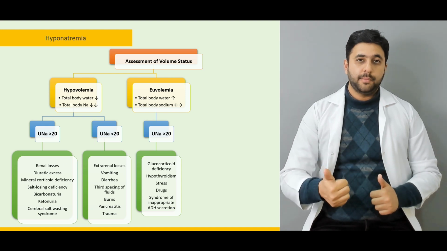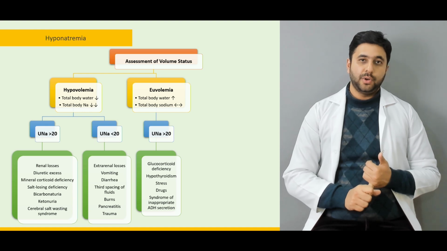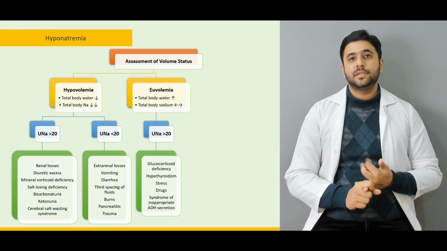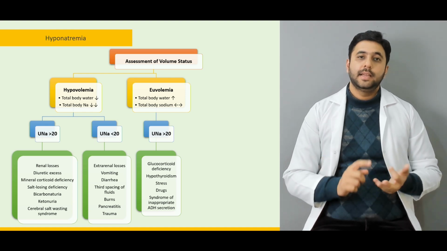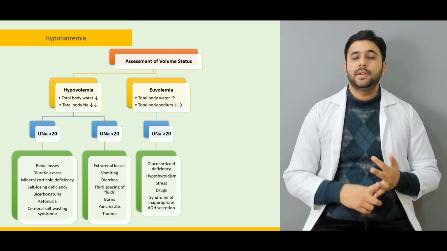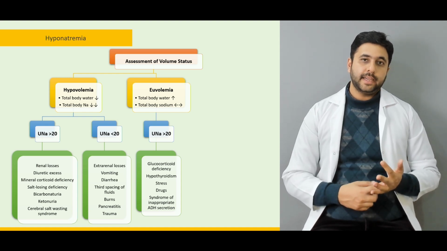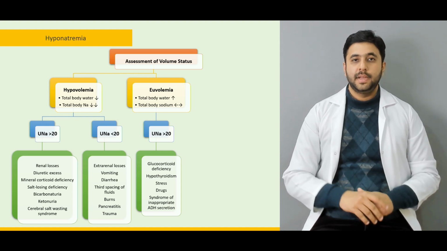Now, as we are talking about the mnemonic RATS, R stands for renal tubular acidosis. A stands for Addison's disease, especially secondary Addison deficiency. Then T stands for thyroid disorders, hypothyroidism, and S stands for syndrome of inappropriate ADH, or SIADH, and it also can stand for stress, as it is mentioned.